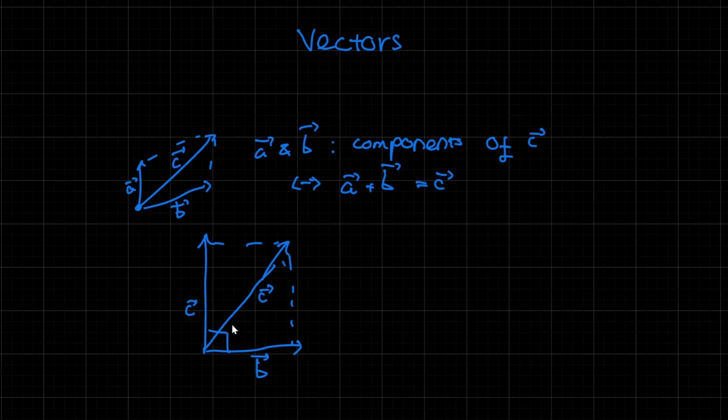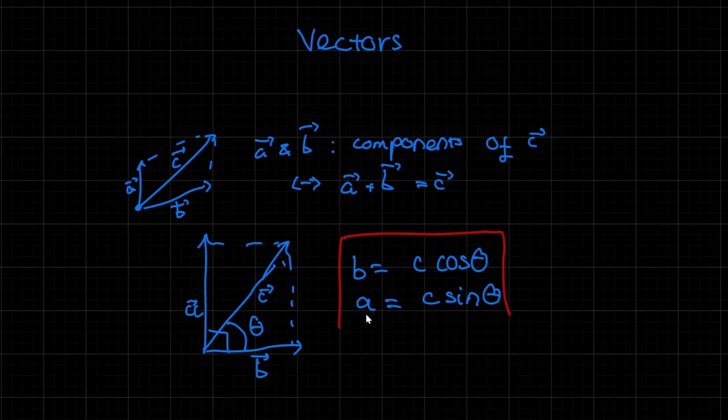So maybe this angle is theta. And for the magnitude, we obviously will have B equal C cosine theta, and this is A equal C sine theta. Yeah, it seems quite basic, but we actually use this a lot.